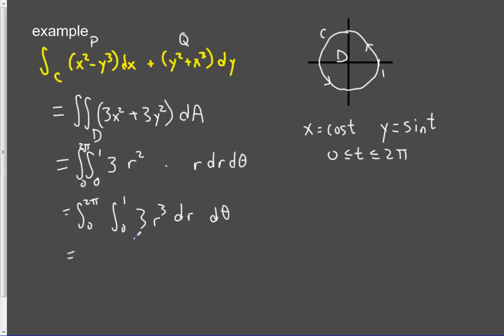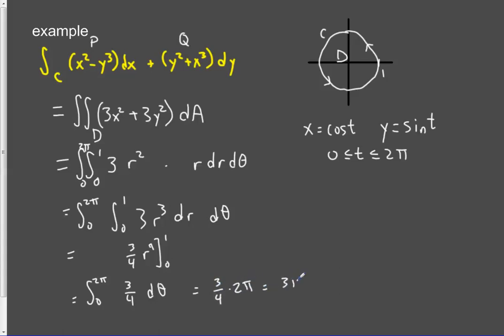Do the inside integral. That'll be 3/4 r to the 4th, evaluated from 0 to 1. Plug in the 1, plug in the 0. You can see we'll just get 3/4 there. And then we're just integrating a constant from 0 to 2 pi, so that'll just be the 3/4 times 2 pi.